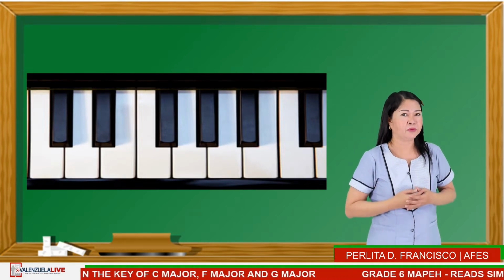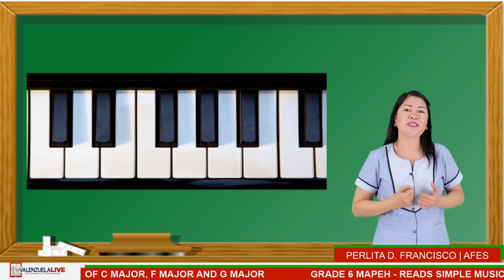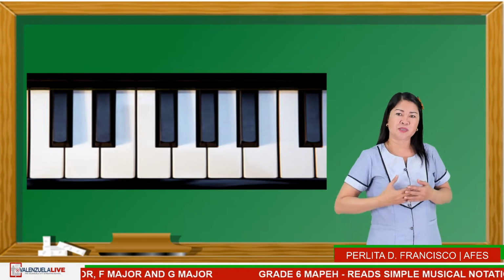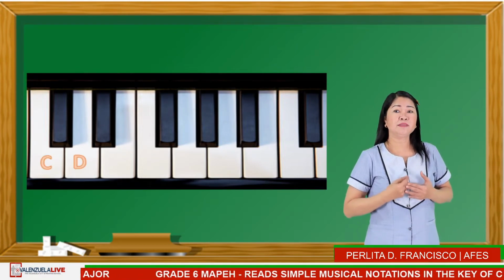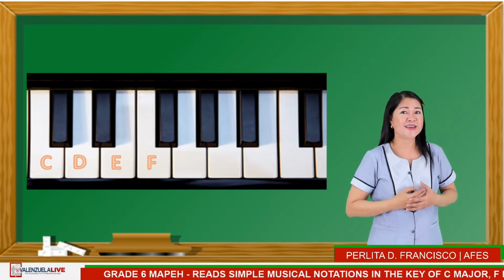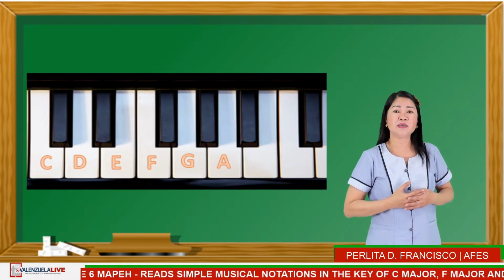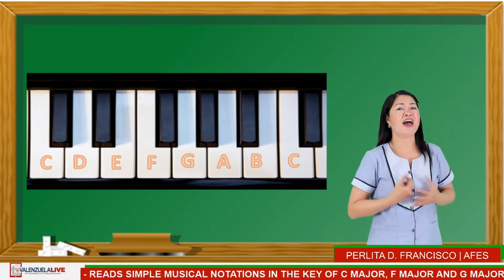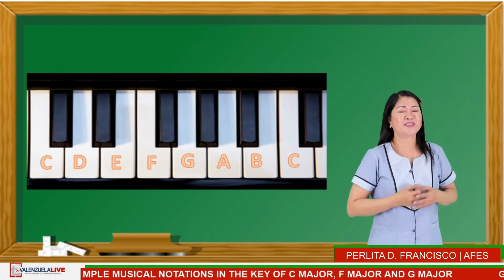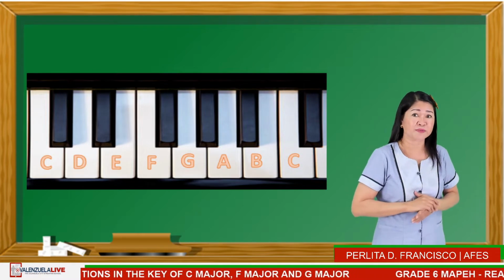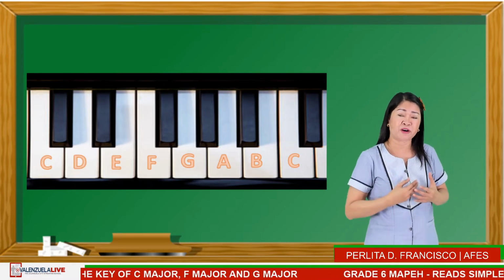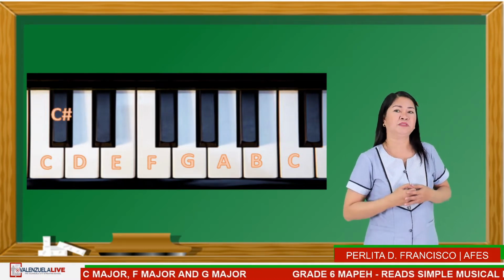So look at the keyboard. There are white keys and black keys. The white keys are named C, D, E, F, G, A, B, and higher C. The black keys on the right side of the white keys are sharps. For example, C becomes C sharp.